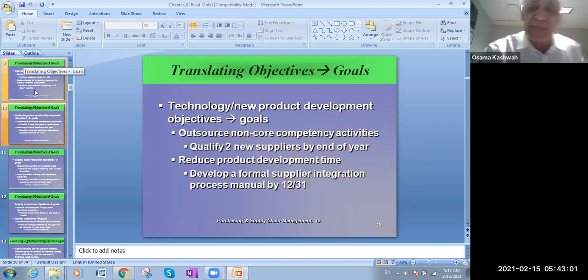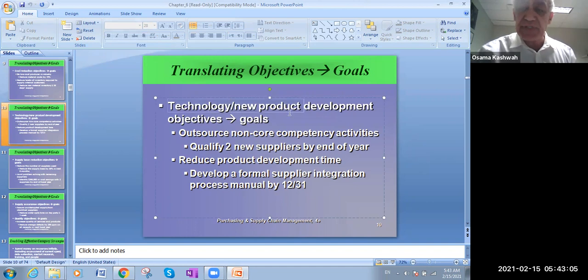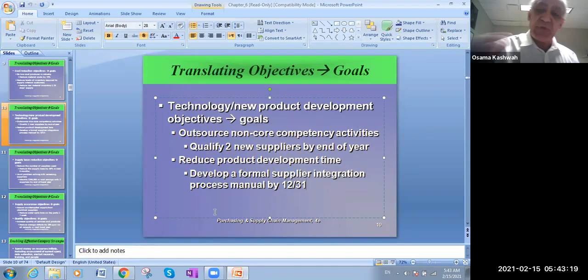Translating objectives into goals. Technology, new products development, objective goals. Outsource non-core competencies activities. Reduce product development time. Develop a formal supplier integration process manual. Okay, so those also are translating the objective into goals. The technology, what kind of technology I will use.